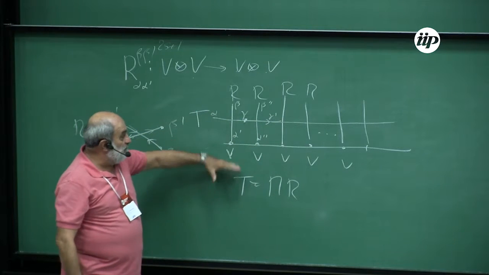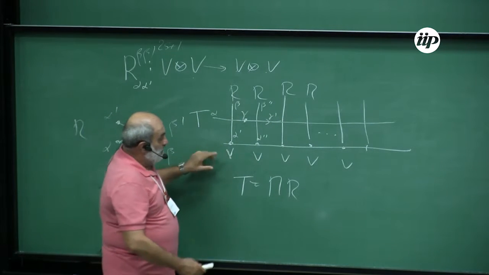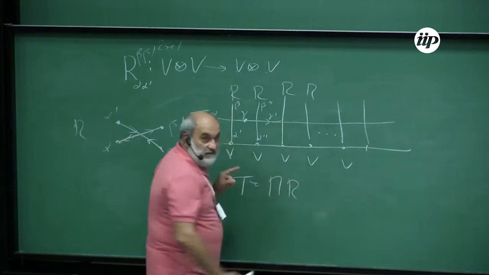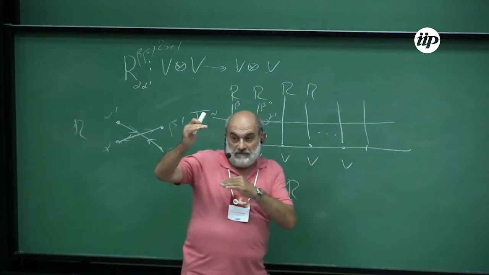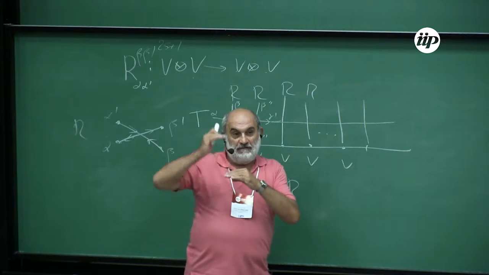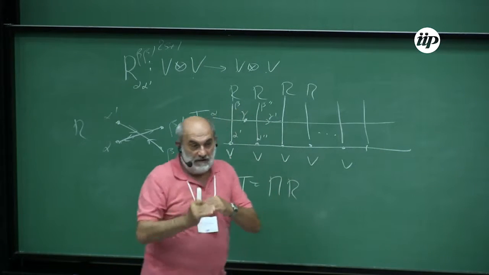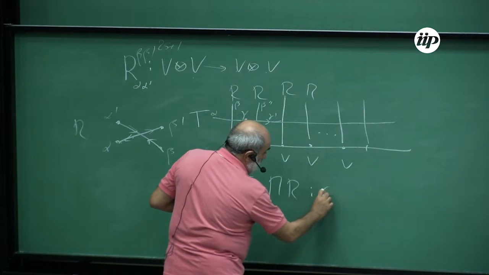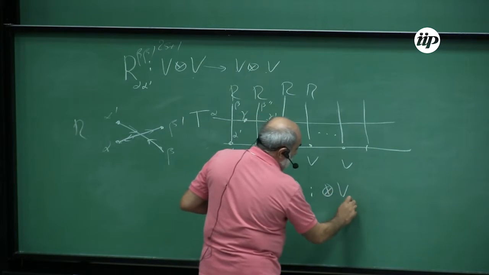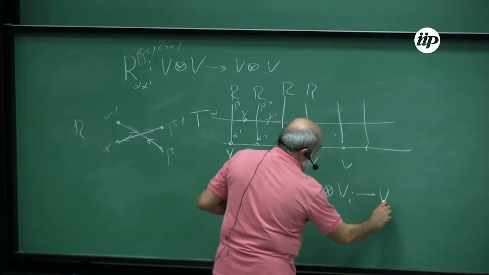Then this product will define evolution of the spin chain state into another, one discrete time step ahead. So T is mapping the state of the chain, the product of spaces V_i, into another state.